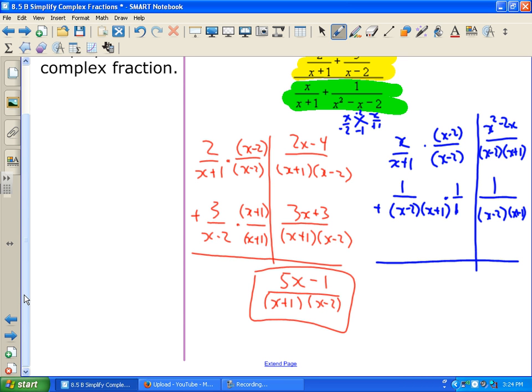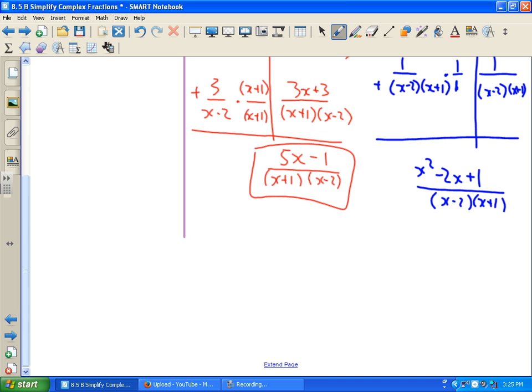Finishing that up, my common denominator for that expression is x minus 2 times x plus 1. Up top, I have x squared minus 2x plus 1. So that is my expression for the bottom.